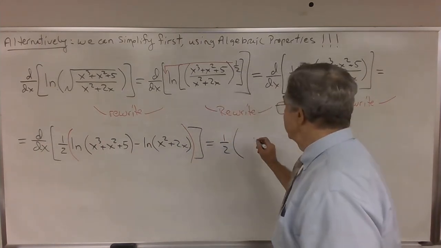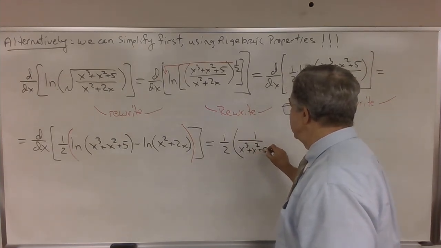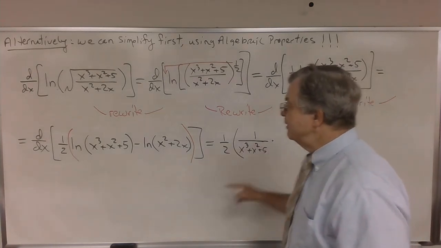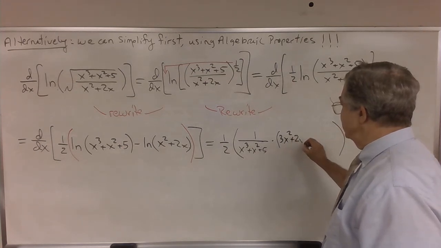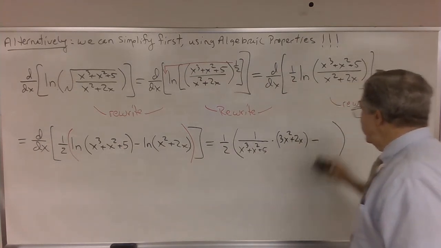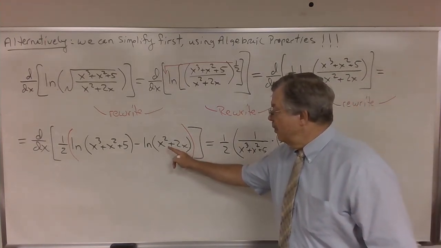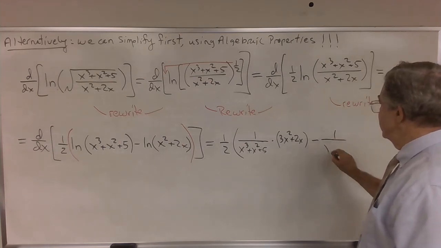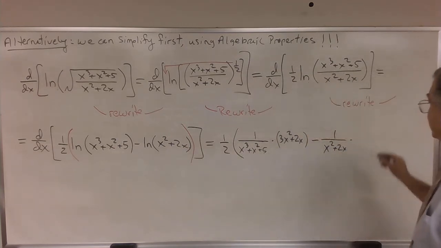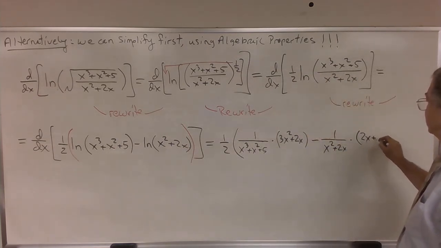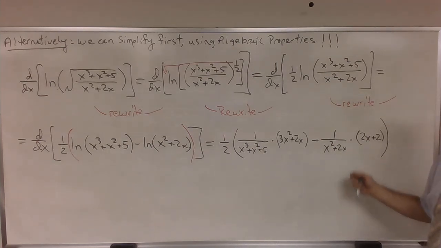So it's 1 over the inner, x cubed plus x squared plus 5, times derivative of the inner, 3x squared plus 2x, minus this derivative, 1 over the inner, 1 over x squared plus 2x, times the derivative of the inner, 2x plus 2. This is our entire derivative.